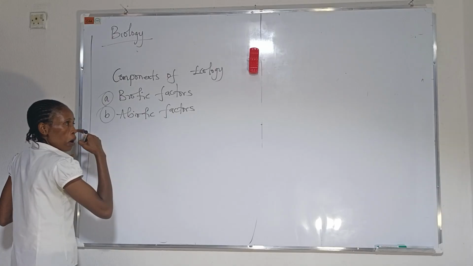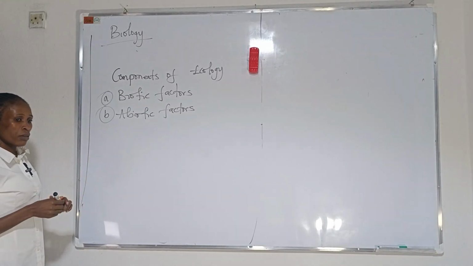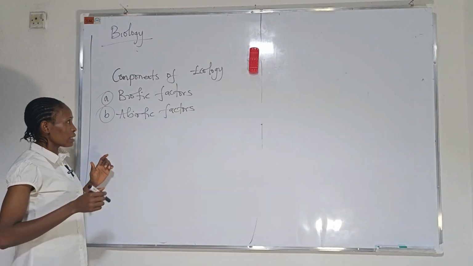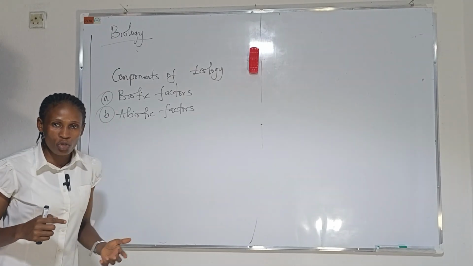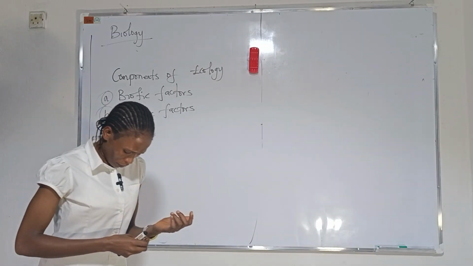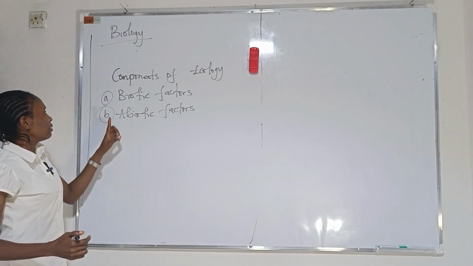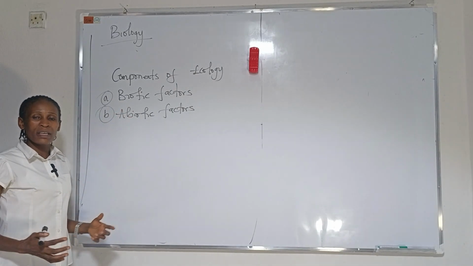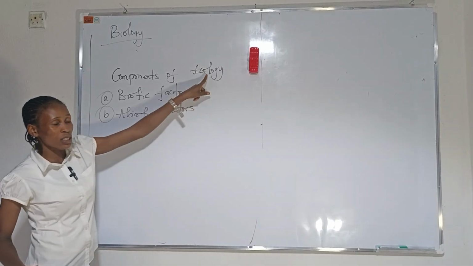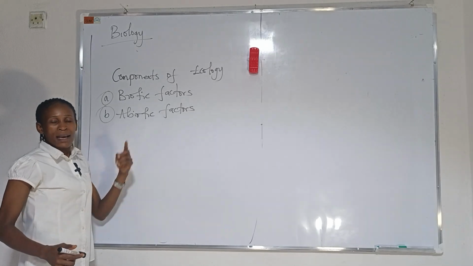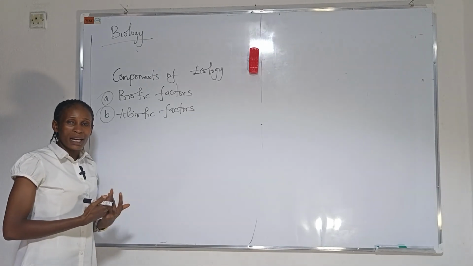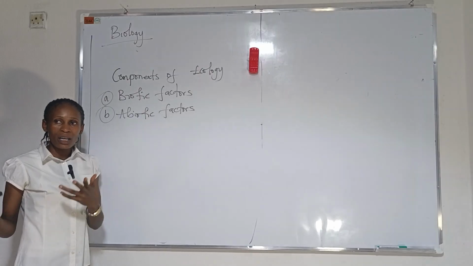Biotic factors. Remember, when I was starting, I said whenever you hear biotic, your mind should go straight towards living. That means here I am looking at living factors that affect ecology. While abiotic, I am looking at non-living factors.